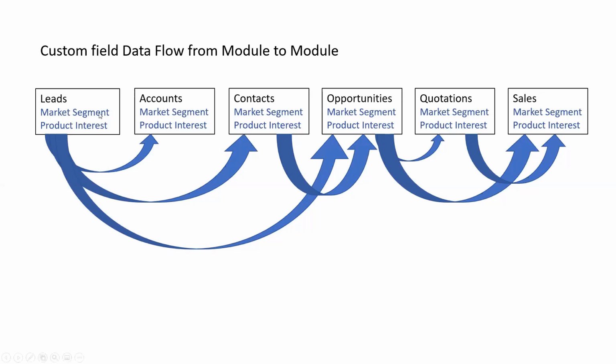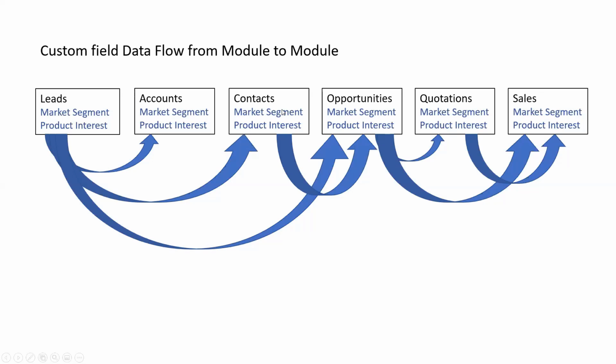If you add those fields into the leads module, and then you add the same fields into accounts, contacts, and opportunities, when you convert your lead to create an account, contact, and opportunity record, the data will flow from those fields in the leads record into the corresponding fields in those other three modules.